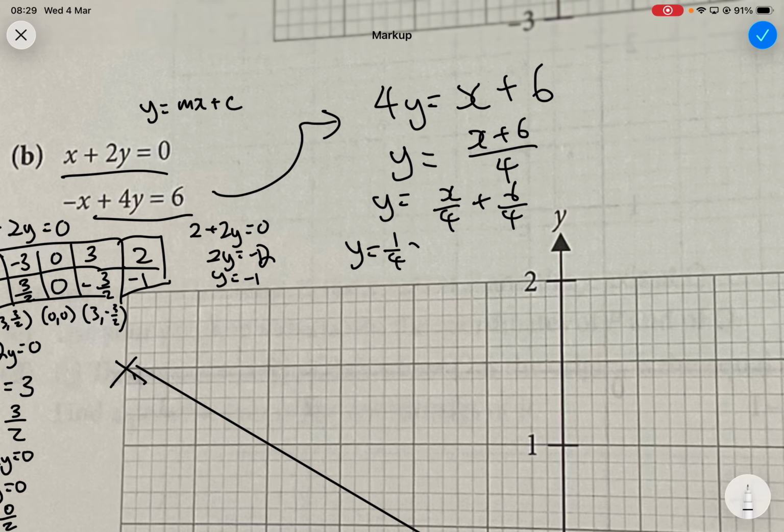So, my gradient is 1/4. My y-intercept is 3 over 2 when I simplify. So, my y-intercept is 3 over 2 because this is my c. My m is this number. So, my m is 1/4.